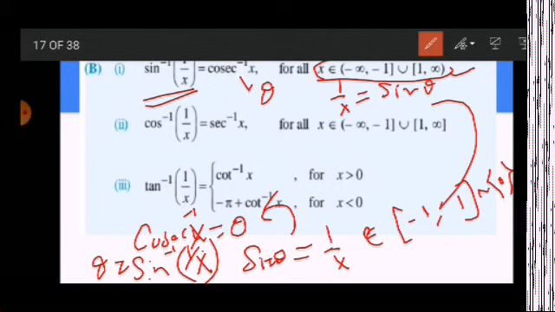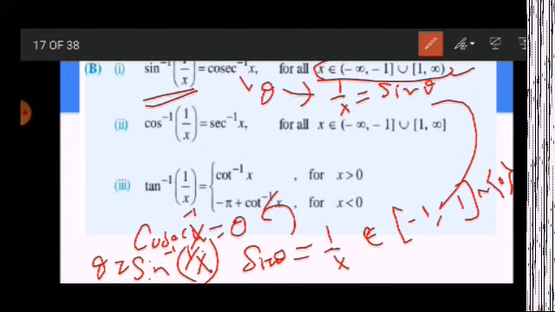Once again let me take a revision. Cosec inverse x you have to assume as theta, right? So x becomes cosec theta. If x is cosec theta, then 1 by x is sine theta, and x lies between minus infinity to minus 1 union 1 to infinity, so 1 by x lies between minus 1 to plus 1, difference 0.